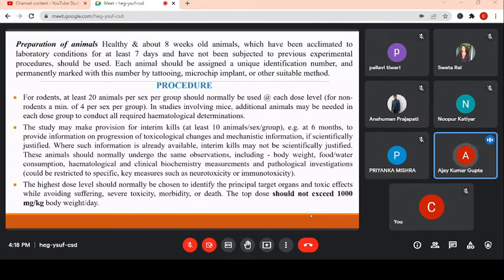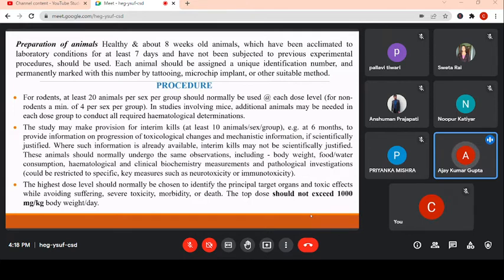This particular procedure is with reference to rodents. At least 20 animals per sex, per group should normally be used at each dose level. If one goes for non-rodents, then there is a tremendous decrease in the number of animals, from 20 to 4, about one-fifth or one-fourth of the number of animals.